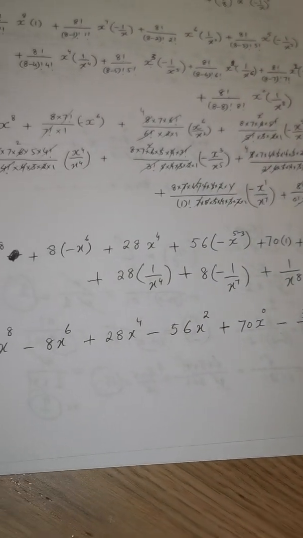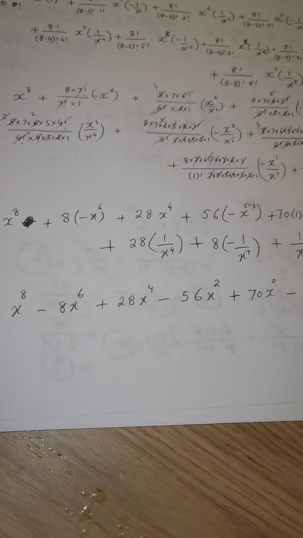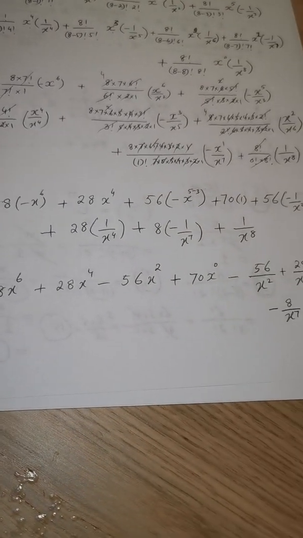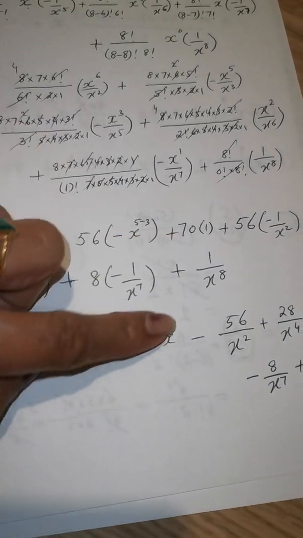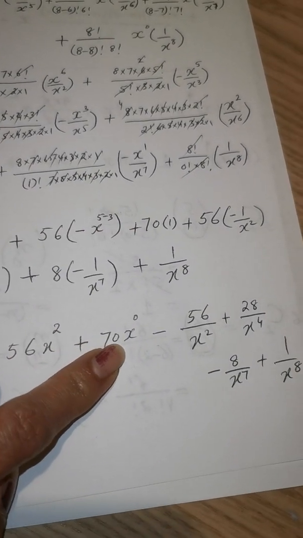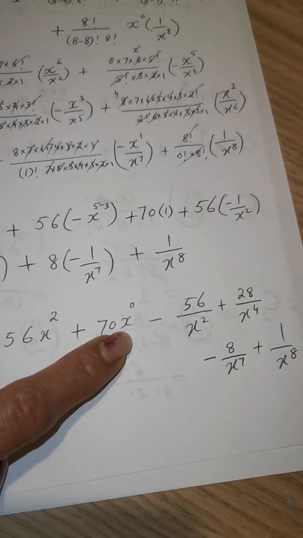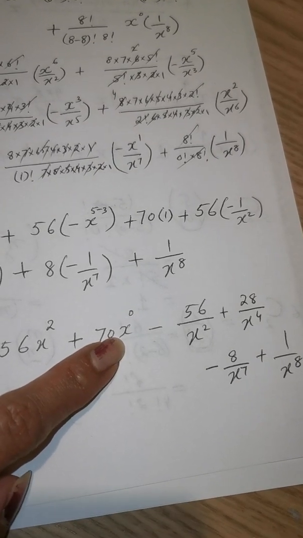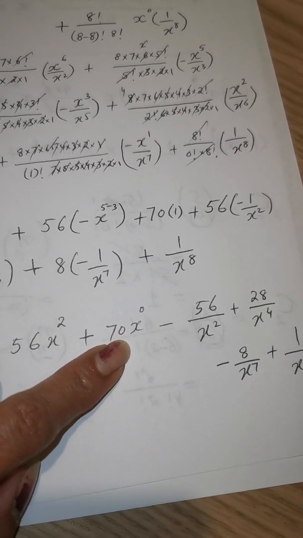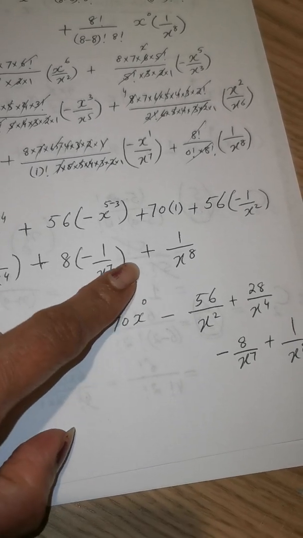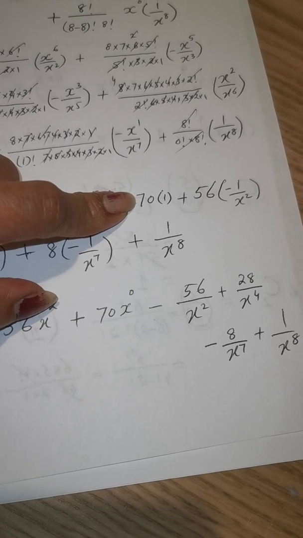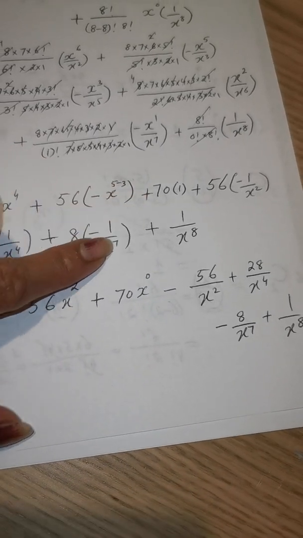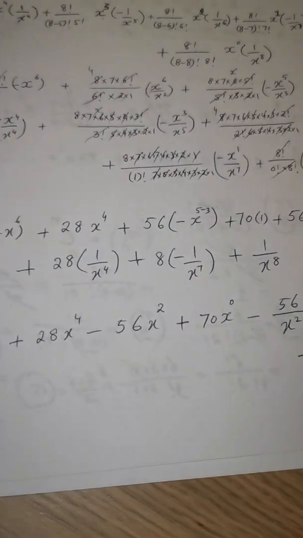And after that, at the end, you will see what I have left. I have left 70 multiplied by x power 0. X power 0 means it is 1. So this is the term which is independent of x, 70, right? So the answer of this question will be 70.